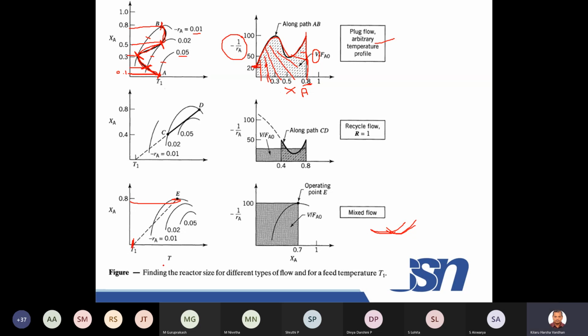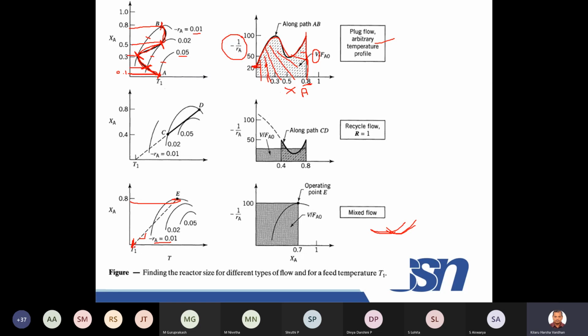I know the temperature at which it is being started, so I calculate all the rates, for 0.1, 0.2, 0.3. With this, a straight line again. How much will be the slope of this? I'll tell you later. It depends on T equals T0 into beta into XA. That I'll show you a bit later.